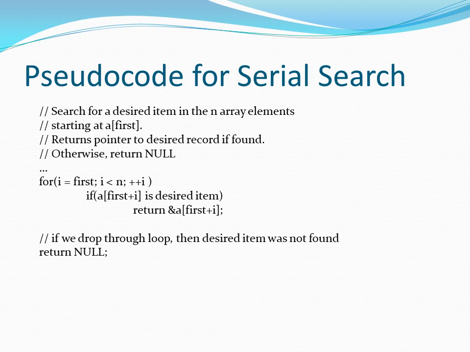So pseudocode for linear search: from first to nth location, searching one by one, comparing the first element, second element up to the last element. If the position is found, then the position is returned. Otherwise, returns null.